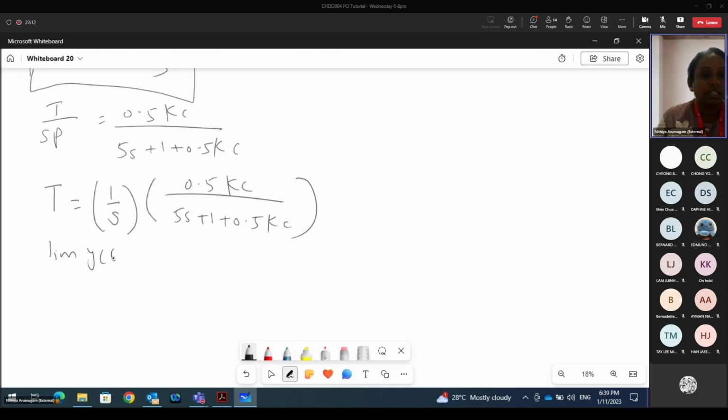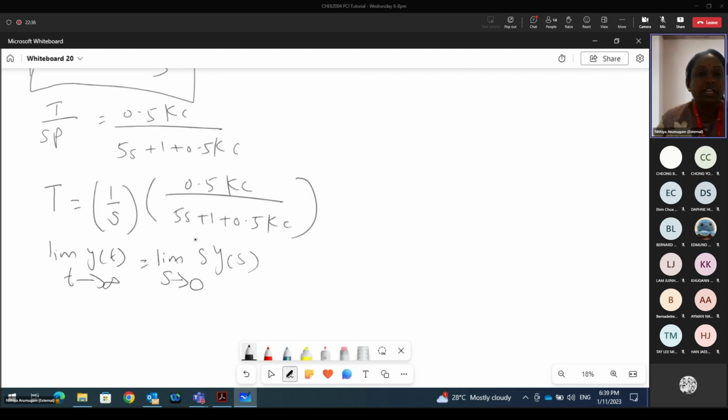The limit of y as t approaches infinity equals the Laplace final value theorem with s approaching 0.